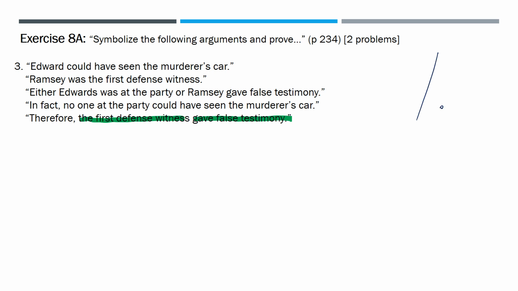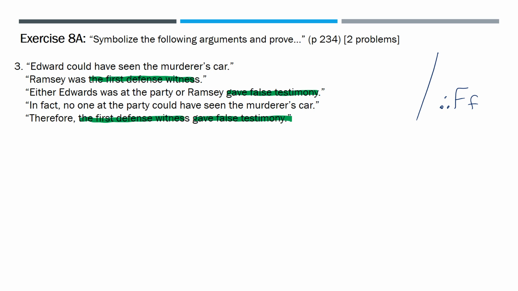We'll say therefore capital F, lowercase f. Lowercase f, the first defense witness, the subject. Capital F gave false testimony, the predicate. And we see the first defense witness show up in premise 2. We better assign that the correct letter. And likewise, we see gave false testimony in premise 3.